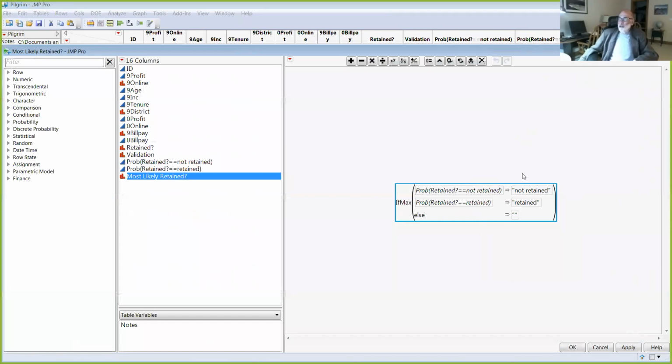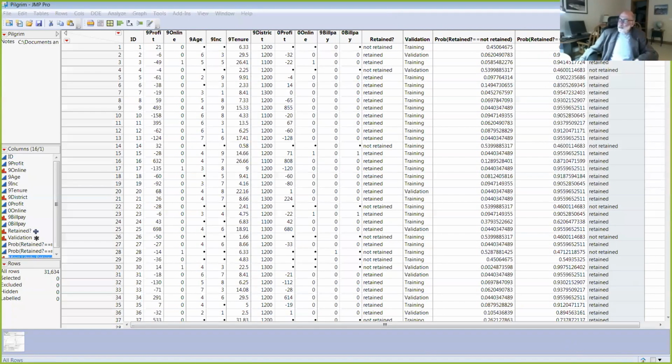Whichever probability is greater, that's the prediction it's going to make. You could alter the cutoff value here by weighting these differently, not equally, but that's a little messy to do by formulas, so we look at a different tool for doing it. So just remember this most likely column is just predicted using a 50% cutoff.